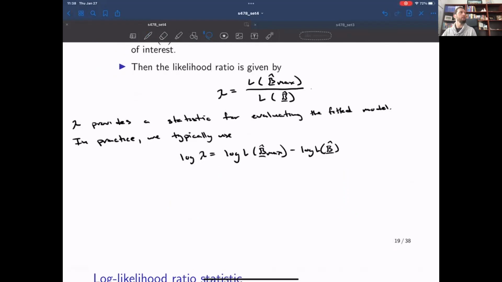So then we can say large values of log lambda suggest that the model of interest is a poor description relative to the maximum model.